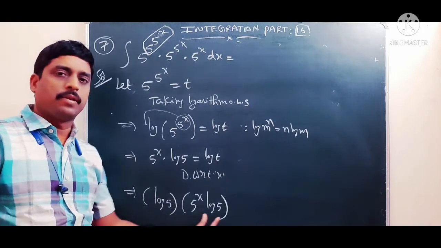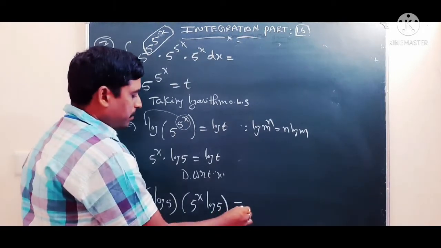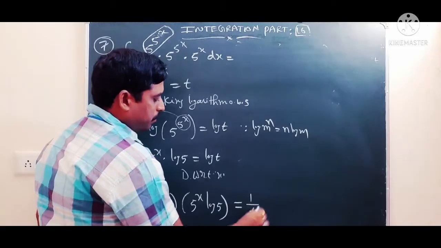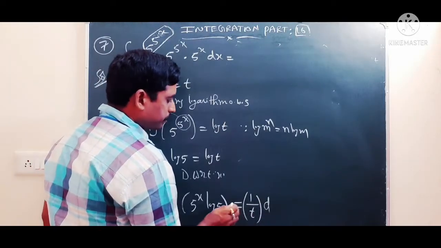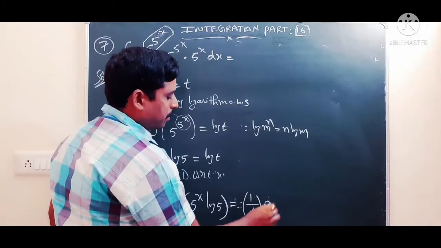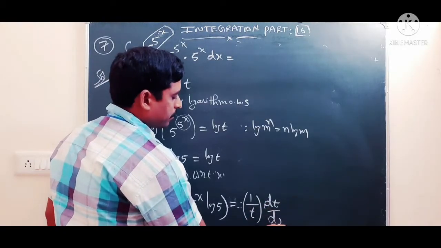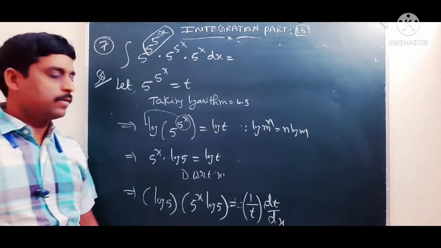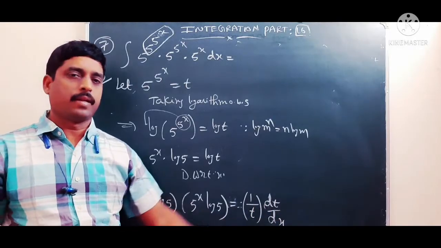This will equal the derivative of log t, which is 1 by t into dt by dx.